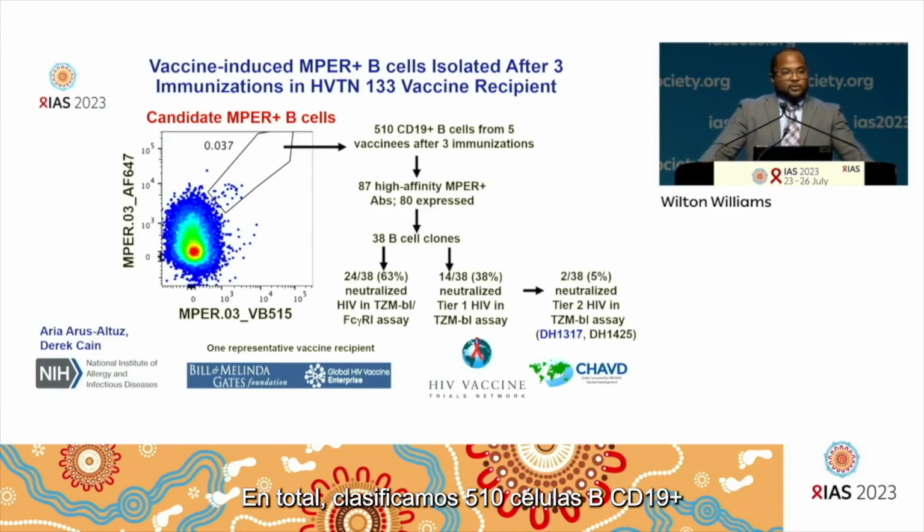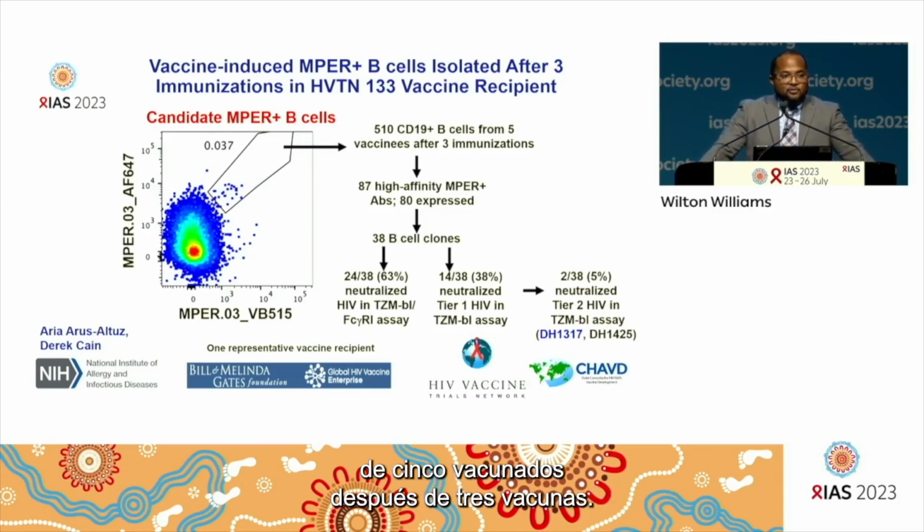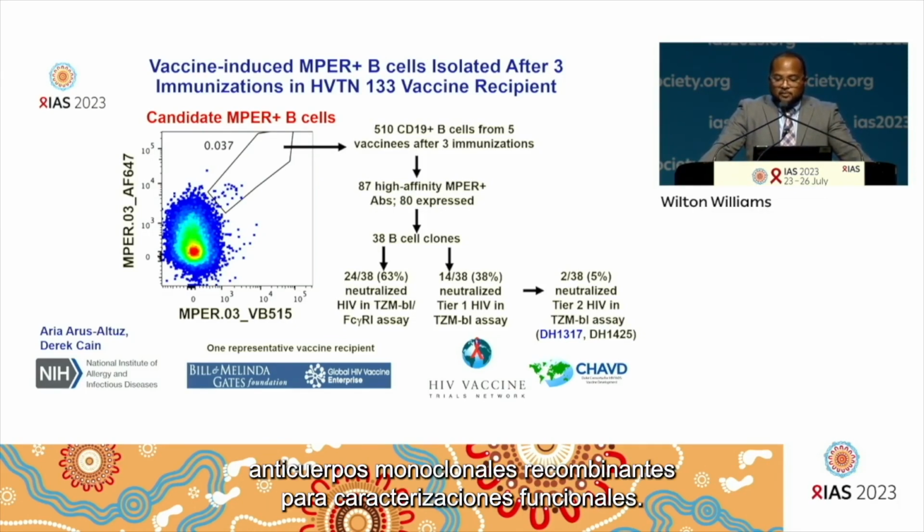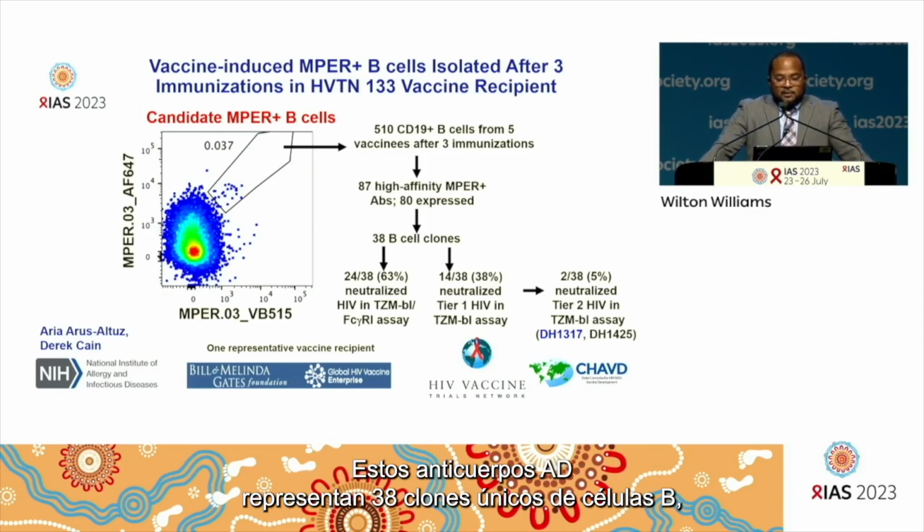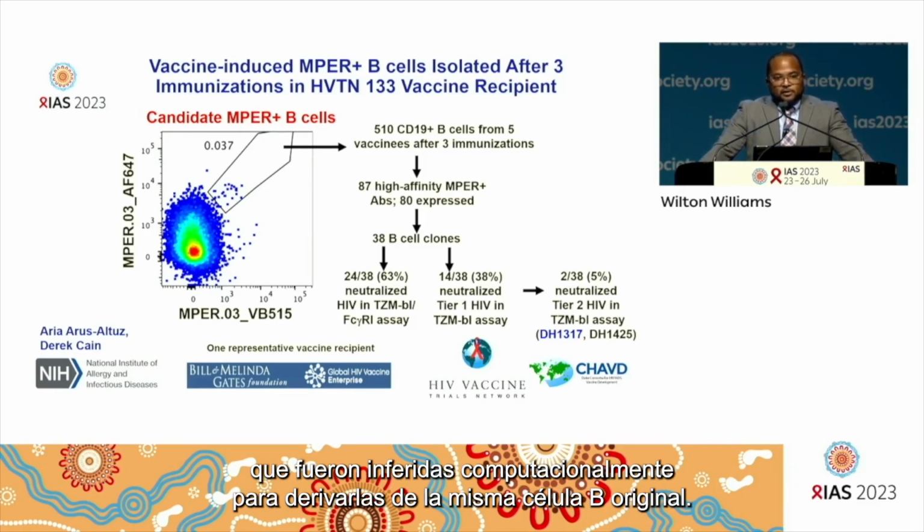In total, we sorted 510 CD19 positive B cells from 5 vaccinees after 3 immunizations. We recovered 87 high-affinity MPER-positive antibodies and expressed 80 of them as recombinant monoclonal antibodies for functional characterizations. These 80 antibodies represented 38 unique B cell clones, where a single clone contains B cells that were computationally inferred to be derived from the same parent B cell.